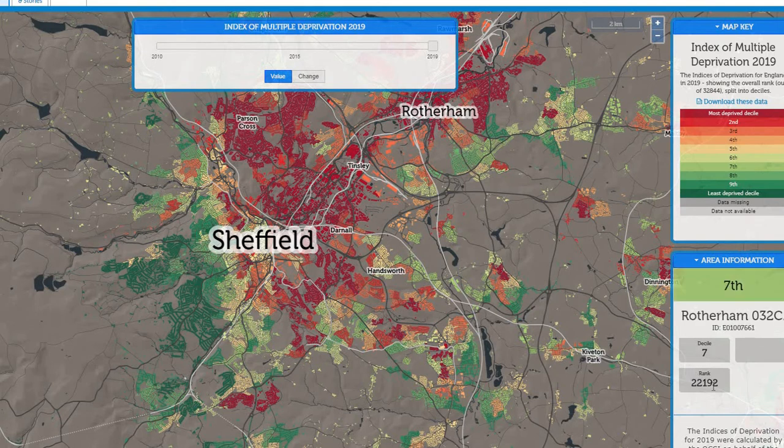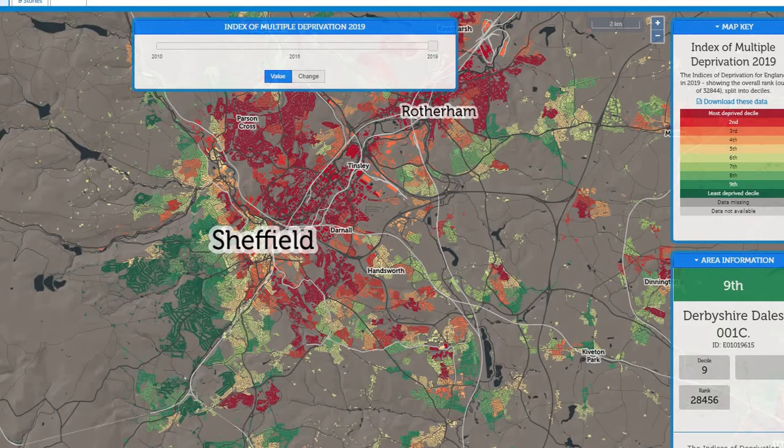And the higher the number in that rank, the less deprived the area is. As we go over to the poorer areas, you can see the numbers are getting much, much lower. And over in these areas with more wealth, the numbers are much higher. So it's quite nice to have a little play around with if you're interested in having a look at a few different parts of the country.